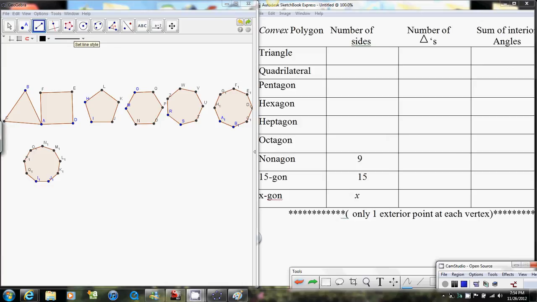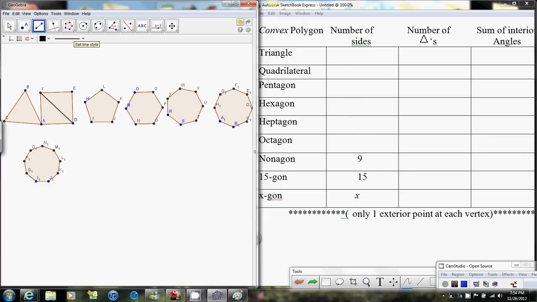Now consider each convex polygon, and I'm going to draw all possible diagonals from one vertex. In this triangle, I can't draw any diagonals from a vertex, but in this quadrilateral, if I pick this vertex, I can draw a diagonal from F to D. Notice how I've created two triangles.